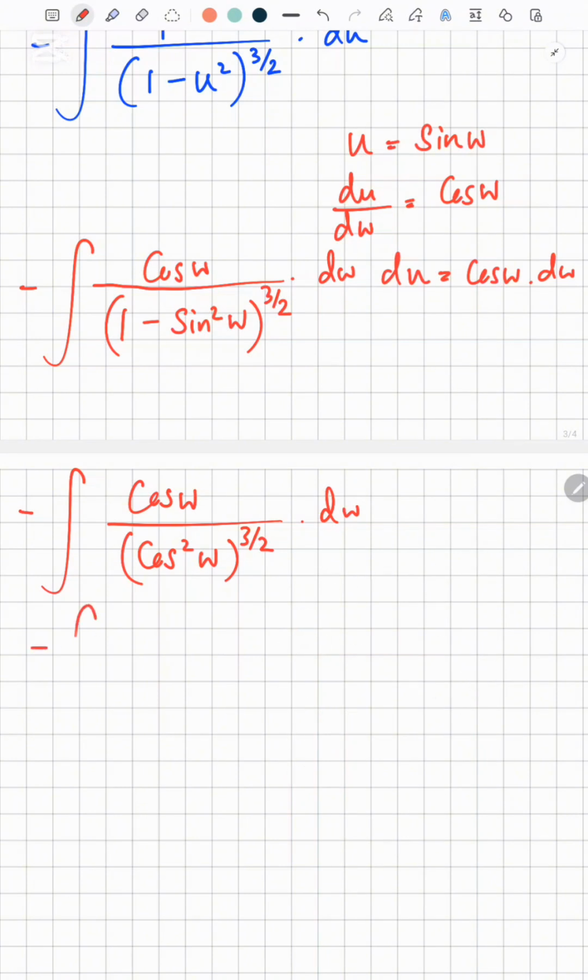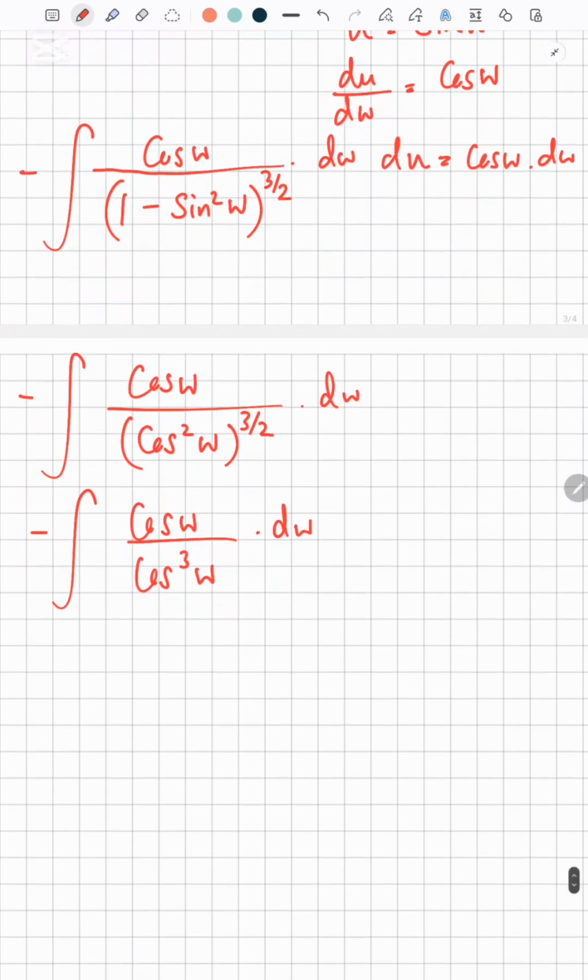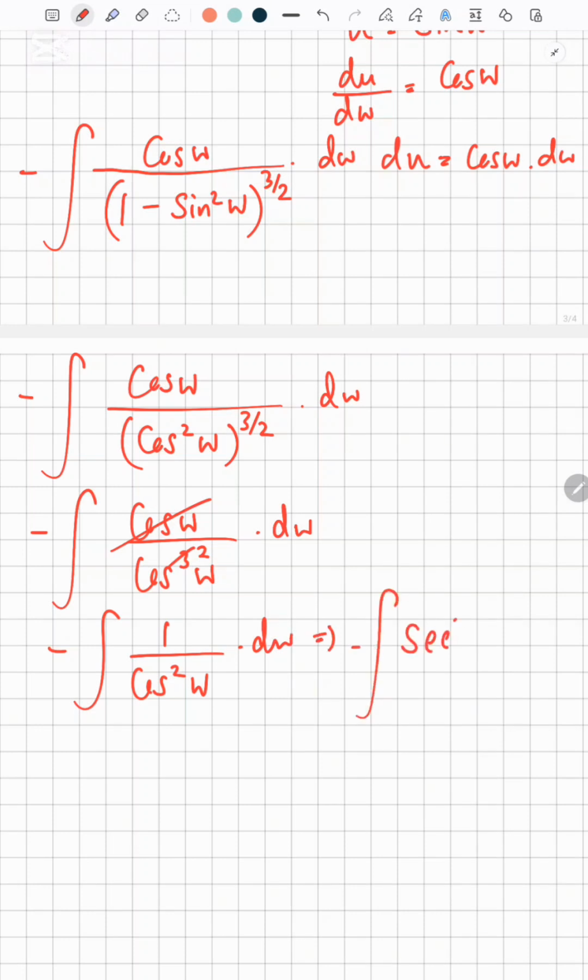So now you can write cos w over cos cubed w, dw. You can see these cancel off. So you end up with the integration of 1 over cos squared w, which is the integration of sec squared w, right? And now it's very easy.